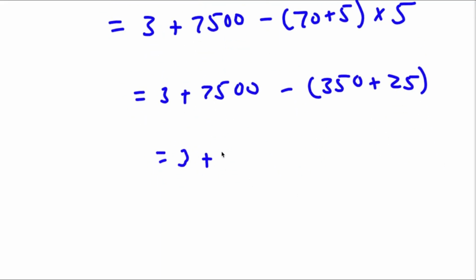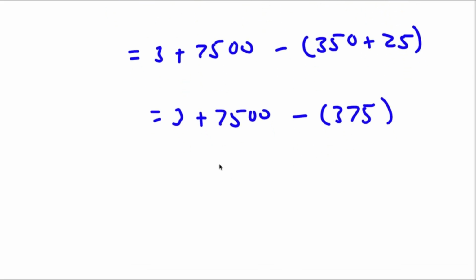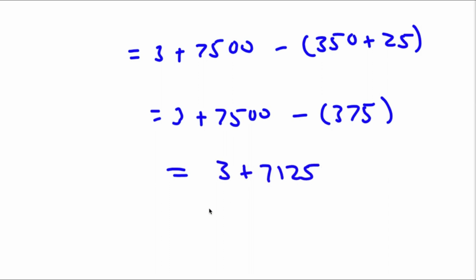This is equal to 3 plus 7,500 minus 375. So now this is equal to 3 plus 7,125, which is equal to 7,128.